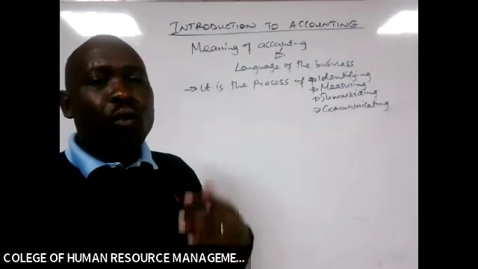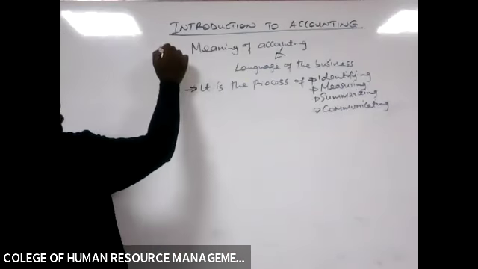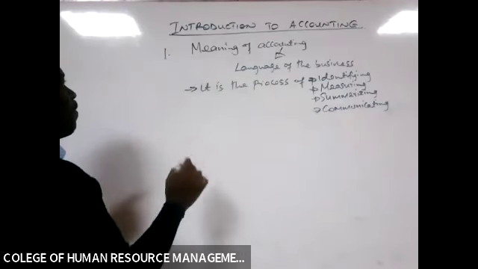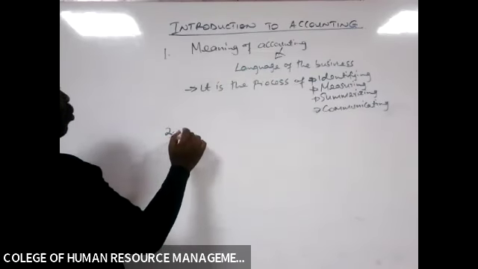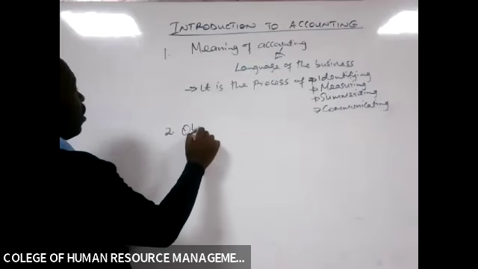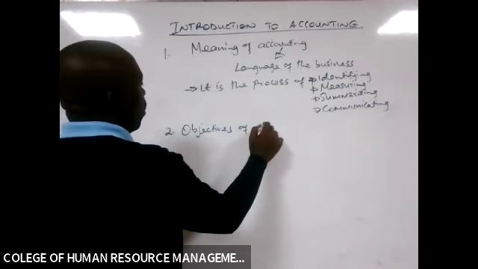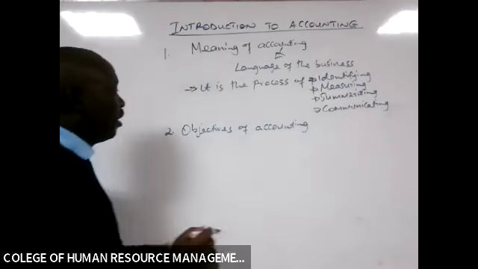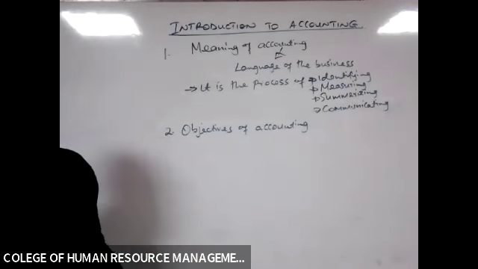After we have understood what accounting is, this is number 1 under the topic: you need to know the meaning. After you have understood the meaning, you go to number 2, where you are supposed to look at the objectives of accounting.